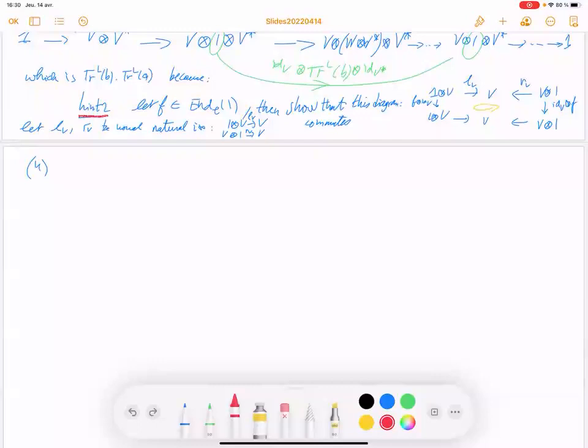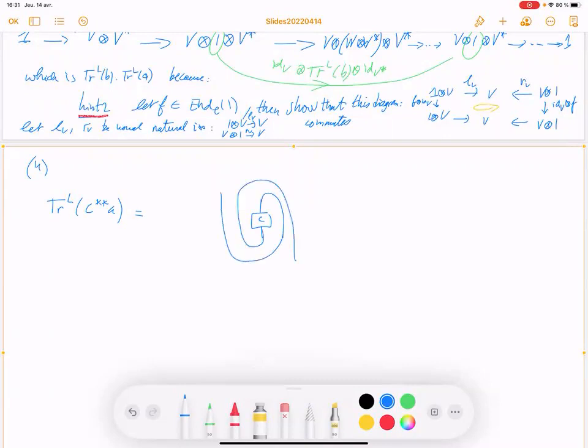So the left trace of C double star A. So you have C, and you took the double star of the isomorphism. So this is a star, and the double star, you iterate this process. And this is C double star, and you compose with A. And then you take the left trace.